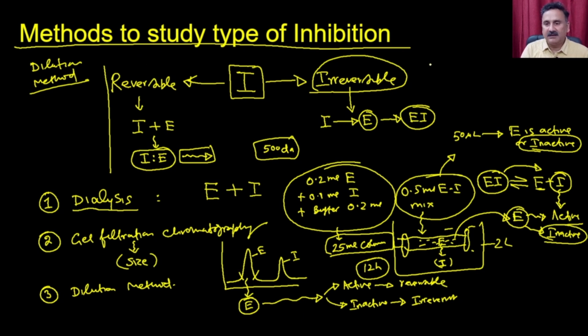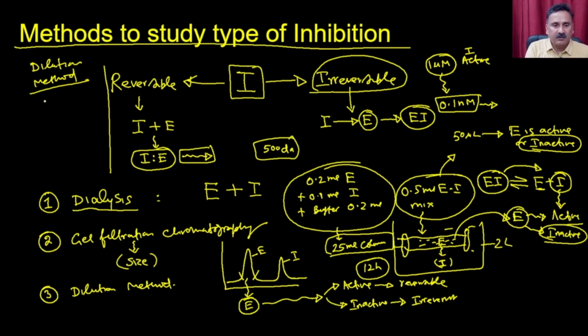Suppose an inhibitor is active at 1 micromolar concentration, but it is not active if you change the concentration to 0.1 nanomolar. This means if you do dilutions, it is not going to be active. So at 1 micromolar the inhibitor is active, which means it is going to inhibit the enzyme, but at this concentration it is not active because it is very low.